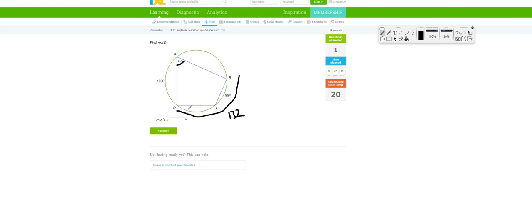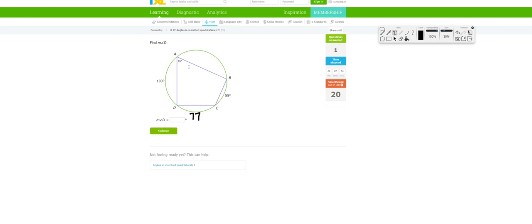So this arc right here is 77 degrees. I already know that from A to D is 103. So this arc is 77 degrees, this is 55, this is 103, and all I'm missing is from A to B.